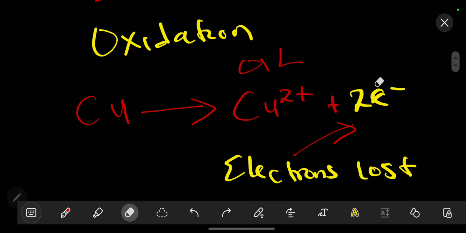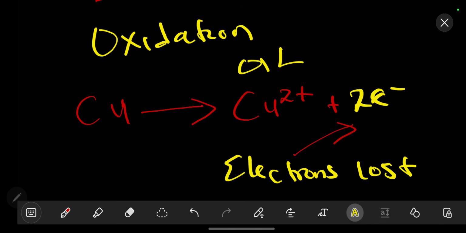Therefore, this one is oxidation in the sense that electrons have been lost. So as you can see, as long as the electrons have been lost, that means to say it's oxidation. So using our mnemonic, which is OIL, oxidation is loss of electrons. So you will realize that metals tend to lose electrons to become like that.